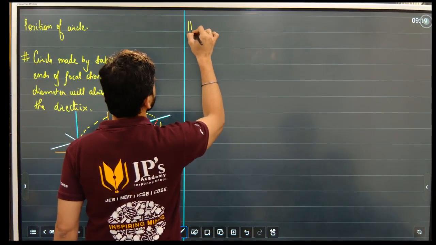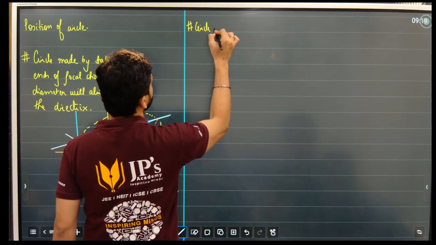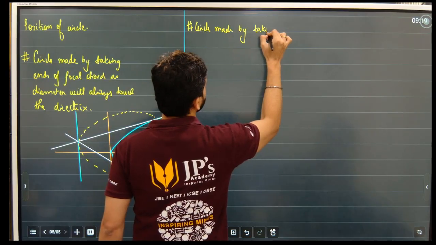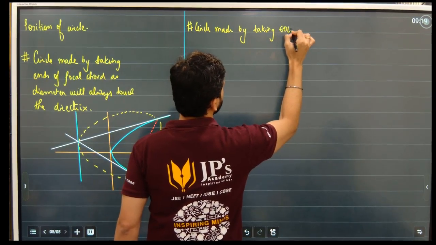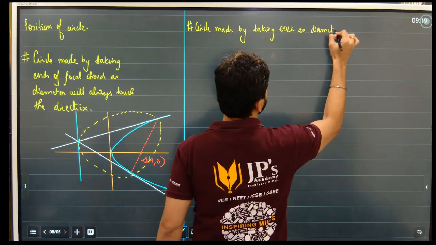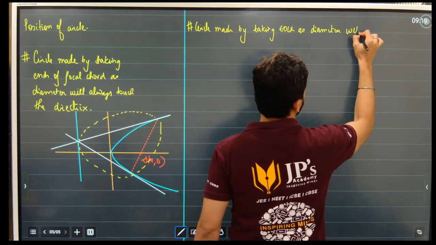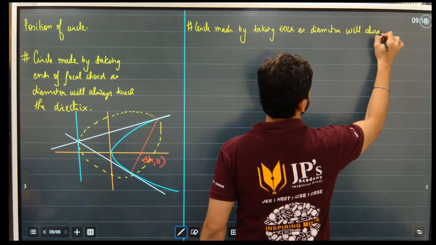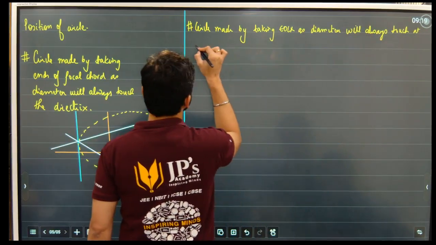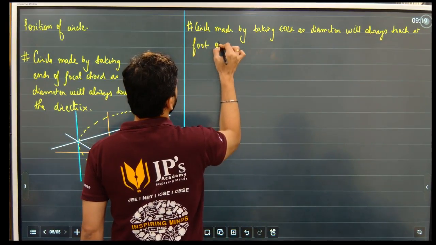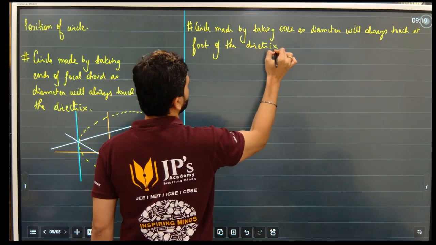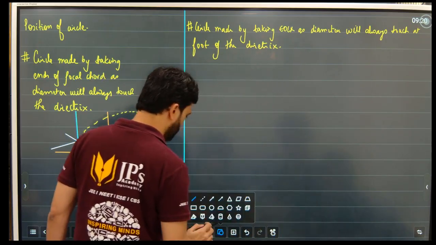So same condition: circle made by taking ends of latus rectum as diameter will always touch at foot of the directrix. Always touch at foot of the directrix.